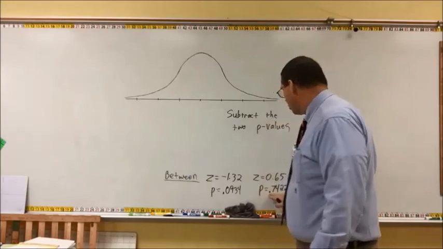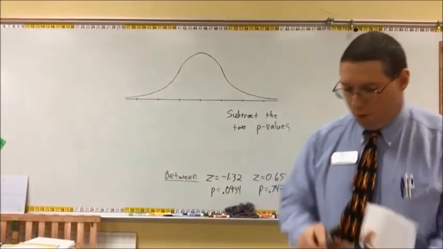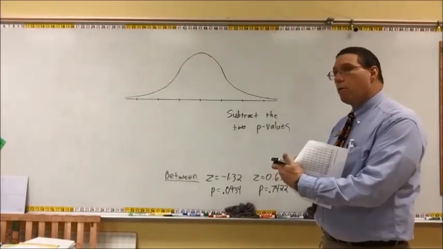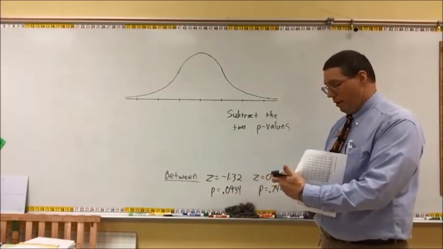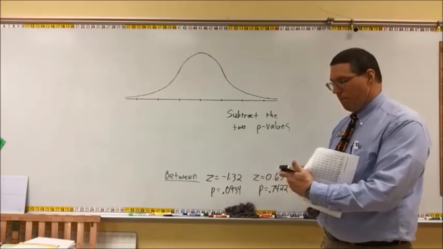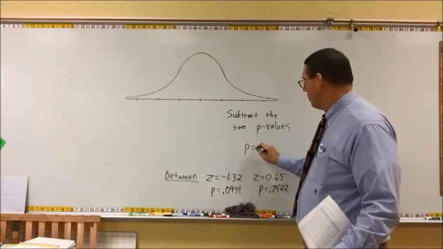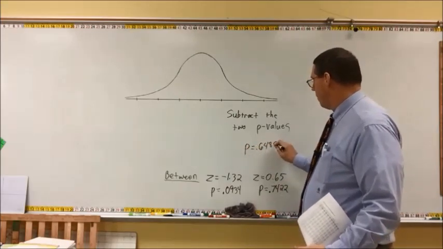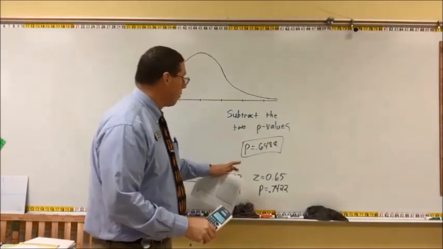Basically, you're doing the larger one minus the smaller one. So we're going to do 0.7422 minus 0.0934, and we get 0.6488. And that is how you calculate a between proportion.